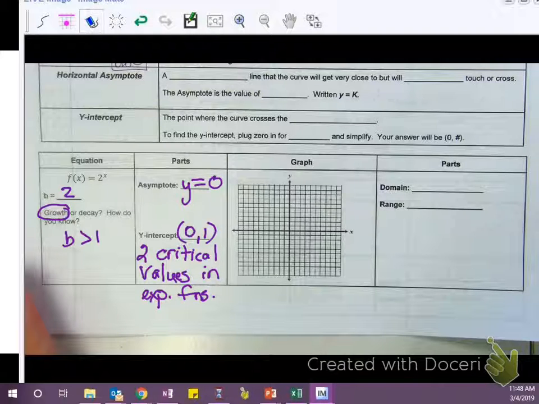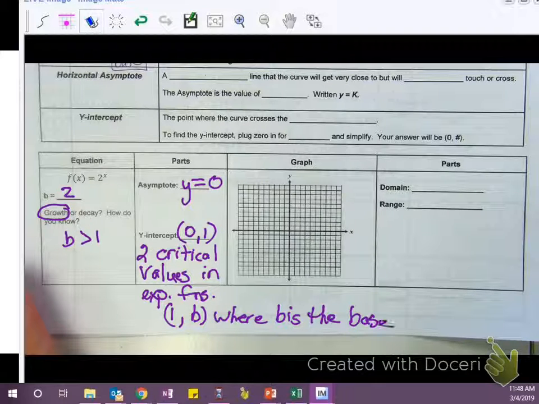One of them is the y-intercept. The other one is the point 1 comma b, where b is the base.